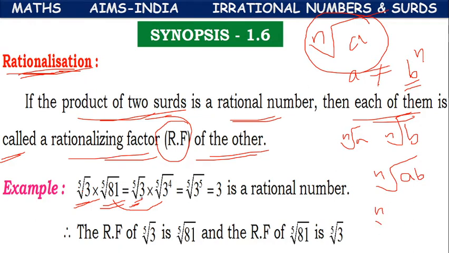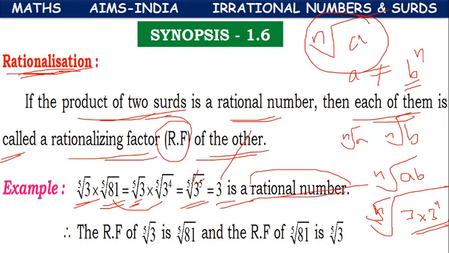So 5th root of 3 into 3 power 4, which means 5th root of 3 power 5. The 5th root and exponent 5 cancel, and we get the answer 3, which is a rational number. So when we multiplied two surds, we got 3, a rational number.